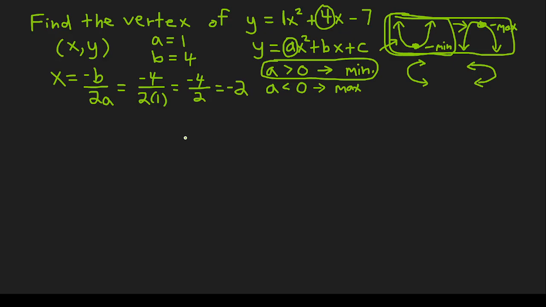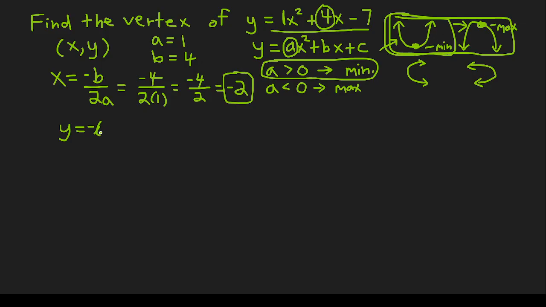To get the y coordinate, we're just going to replace the value of x in this equation here, y equals x squared plus 4x minus 7. We're going to replace that with negative 2, and that'll give us the y coordinate for the vertex.